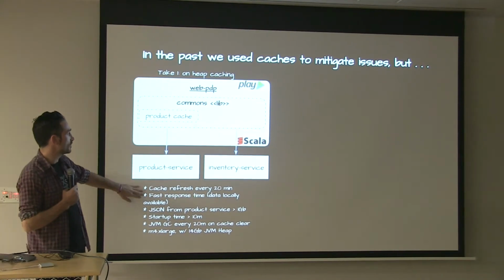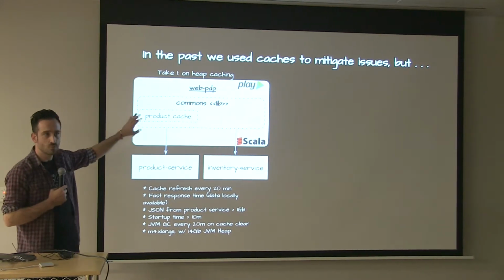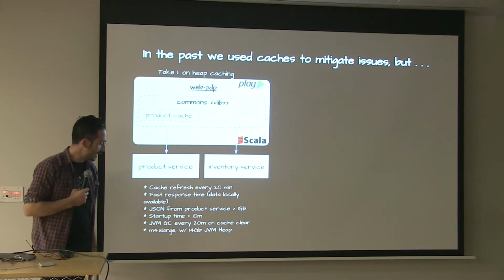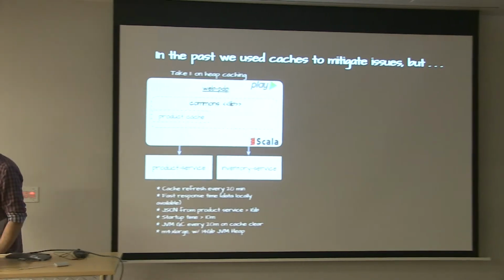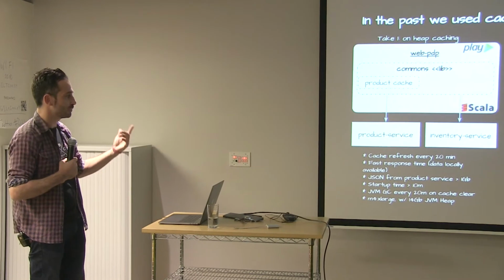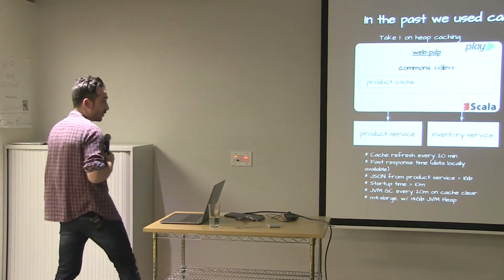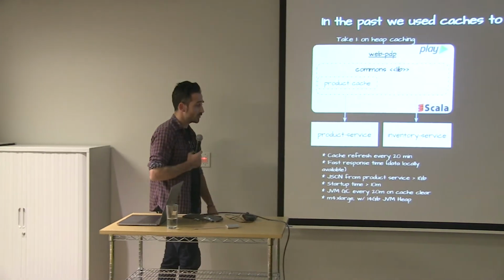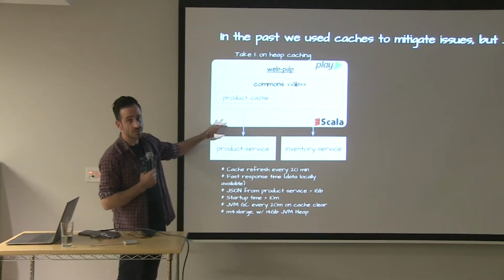The response time was pretty fast because the data was in memory. Unfortunately, the business changed, the catalog grew, and the JSON from product service was around 1 gigabyte. So the start time for this service was around 10 minutes.